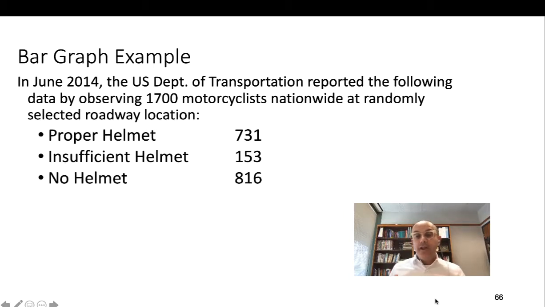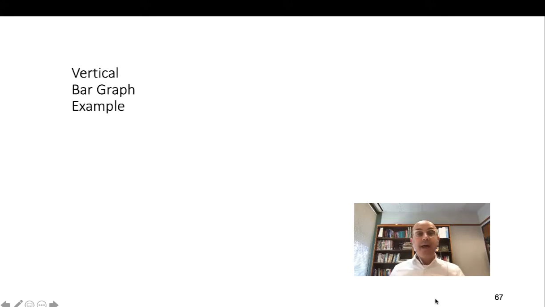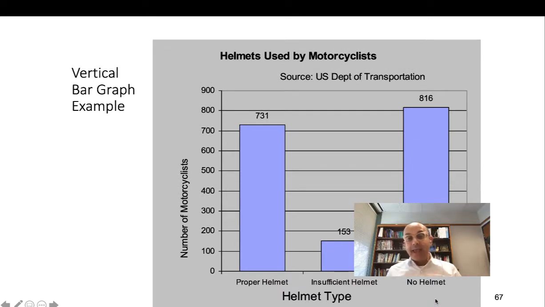They measured whether those motorcycle riders had a helmet, yes or no, and what they came up with was a visual representation, a bar graph, to capture that the cry for help is that most of the bikers in their study did not wear a helmet, or did not have a sufficient helmet, even though the proper helmet was also part of the idea.